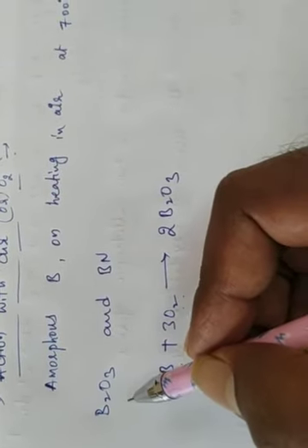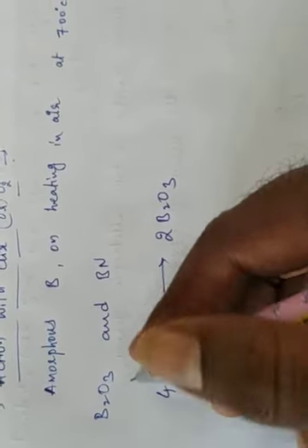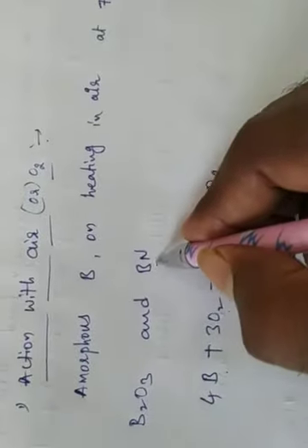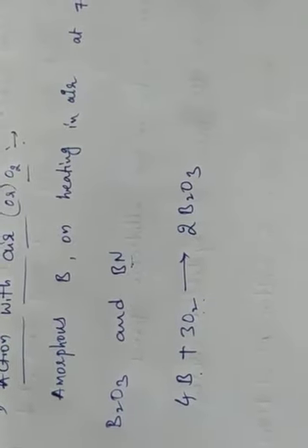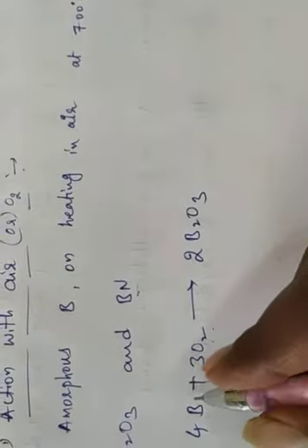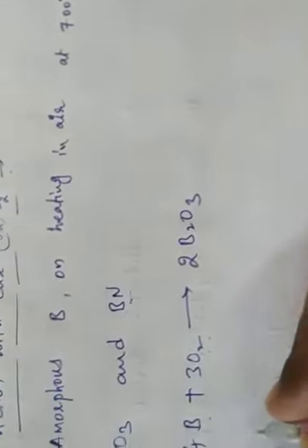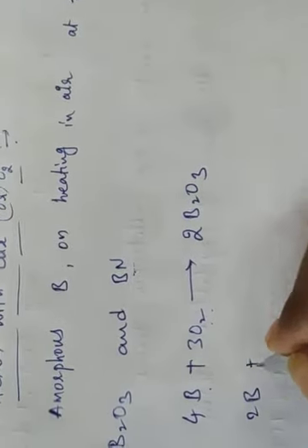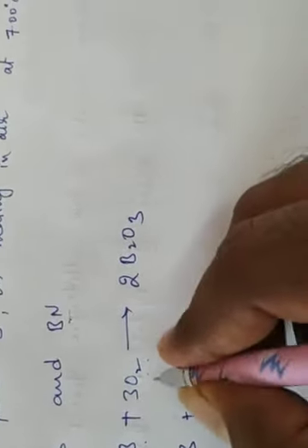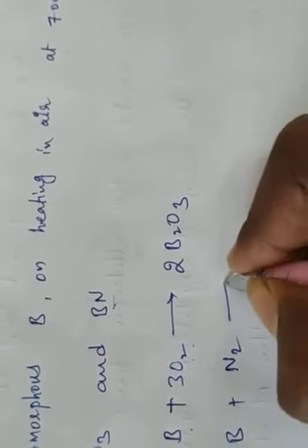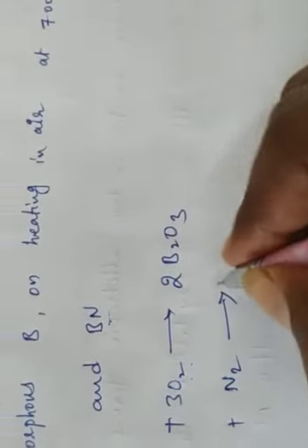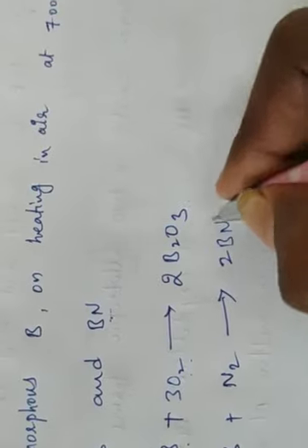The next one is boron nitride. Air contains oxygen and also nitrogen, so when boron reacts with nitrogen, boron nitride is formed. 2 moles of boron react with nitrogen to form 2 moles of boron nitride.